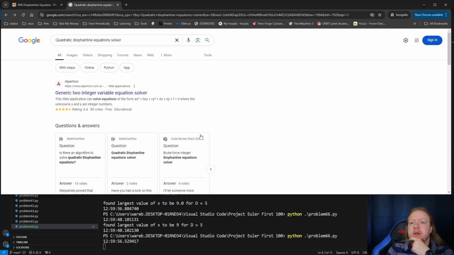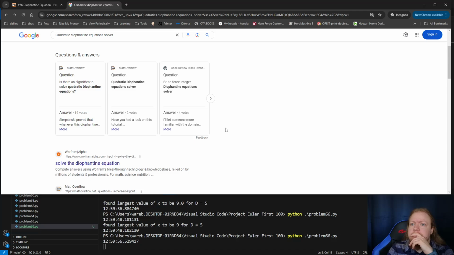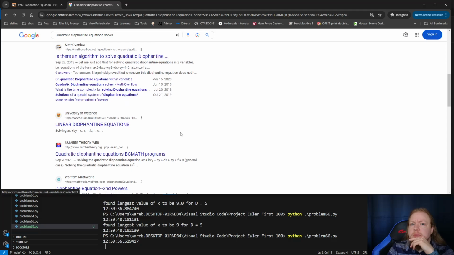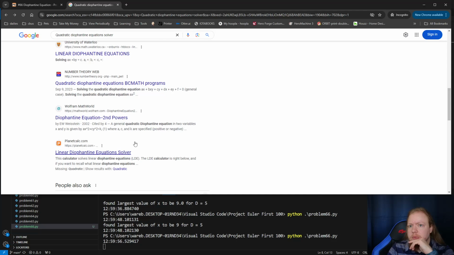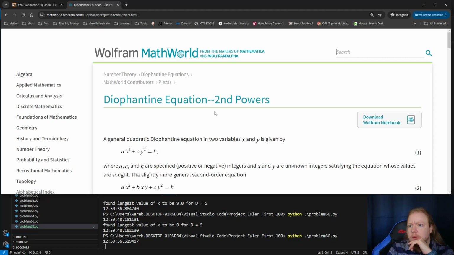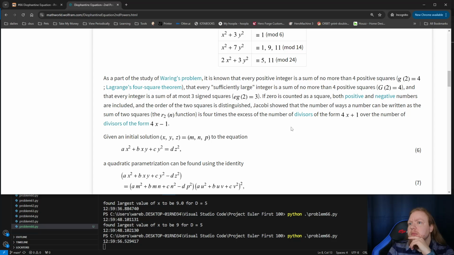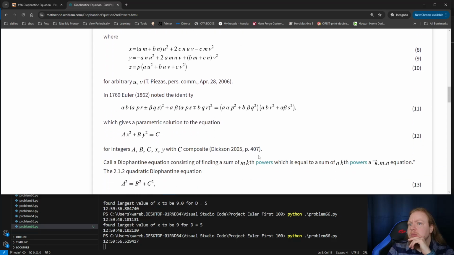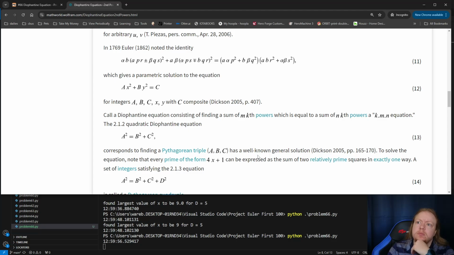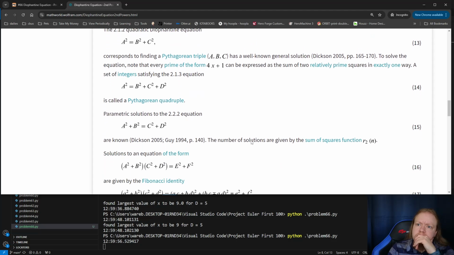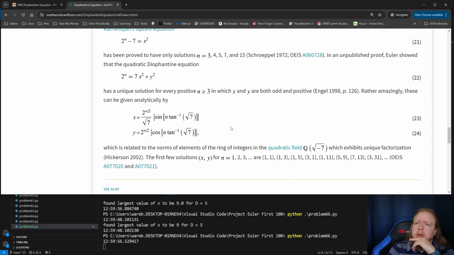Okay, not quite what we want. That is a calculator. This is where we were before. And it's going on about primes and whatnot.